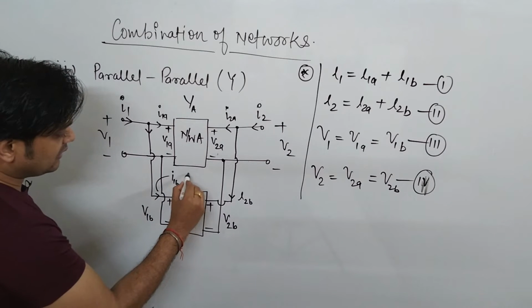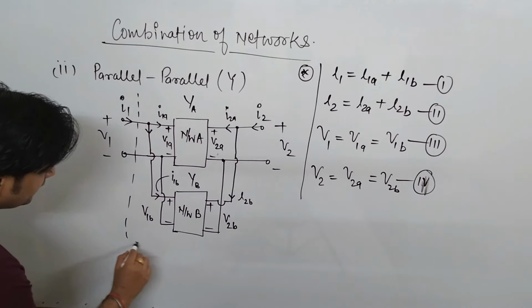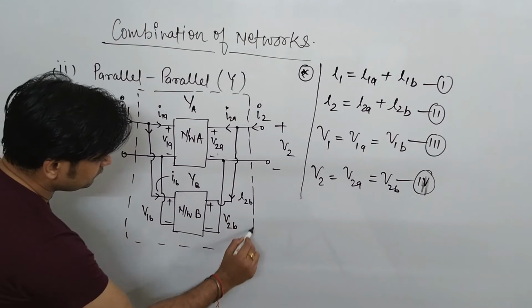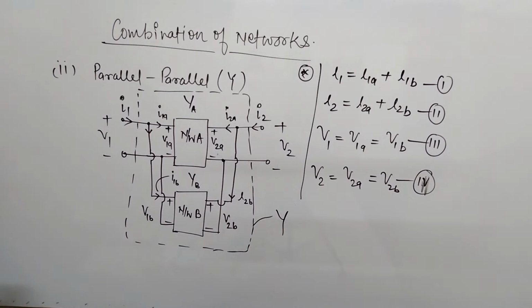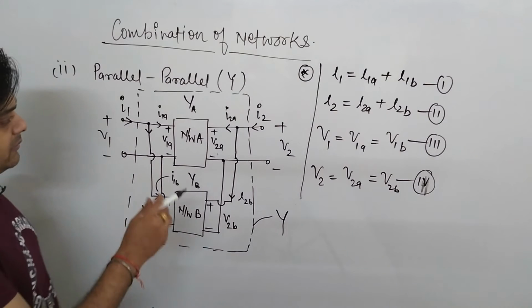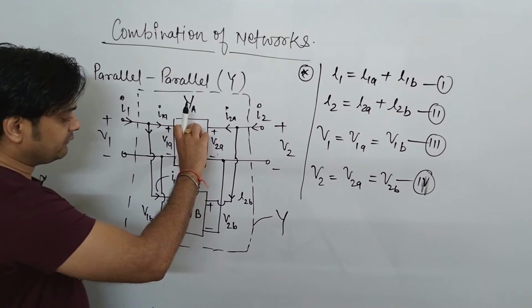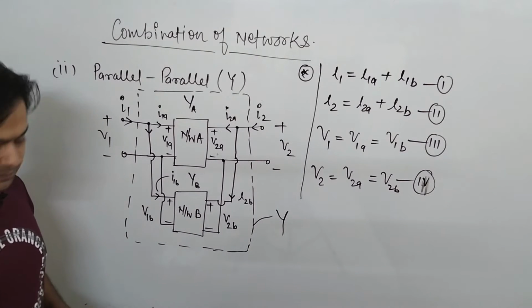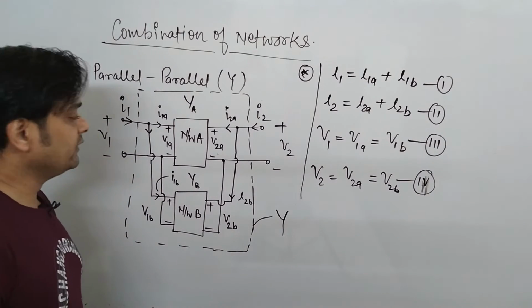You can call them YA and YB, and this entire network has a Y parameter. So you have to find the Y parameter of this two-port network with the help of the Y parameters of network A and network B. Now we will see the expression for the Y parameter of two networks connected in parallel.